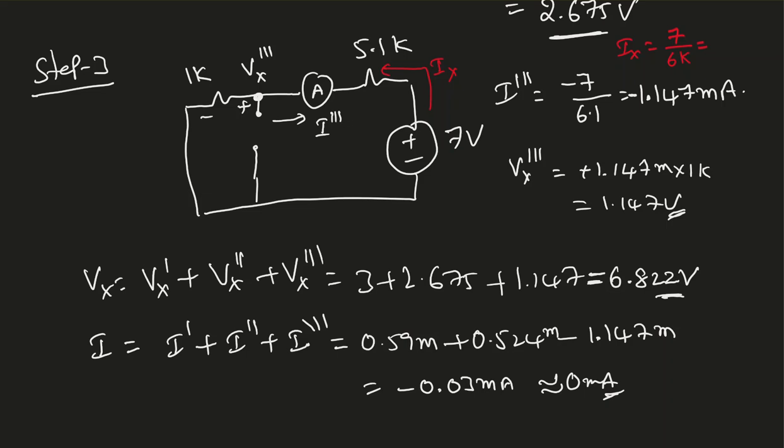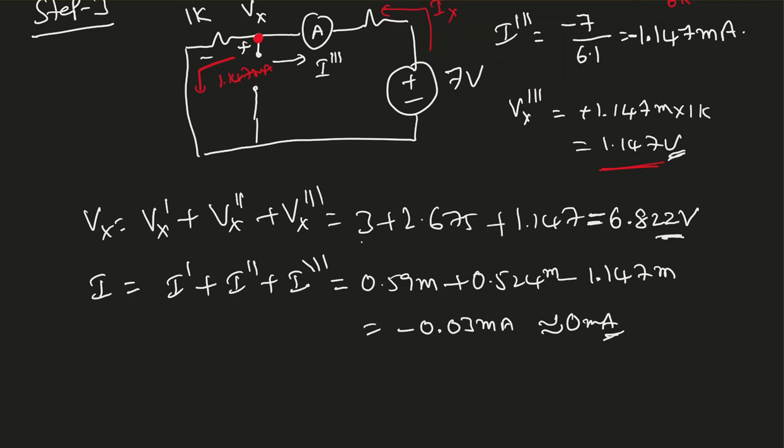It's negative because it's in the opposite direction. Same way, Vx is the current passing through this 1 kilo ohm, which is 1.147 milliampere. Vx is the higher potential, so Vx triple prime is a positive number. I end up with 1.147 volt.